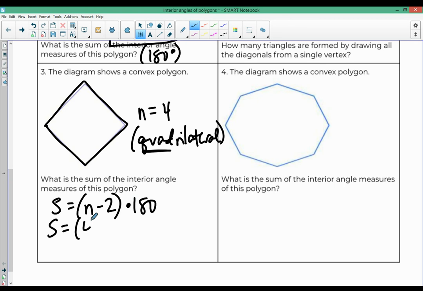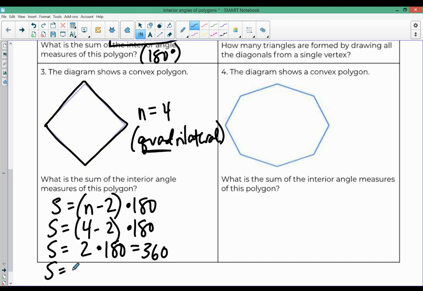So S equals 4 minus 2 times 180. So that's 2 times 180. Multiply that to get 360. So S equals 360 degrees. And again, you could split that up into 1, 2 triangles. So that's where the significance of that 2 comes from also.